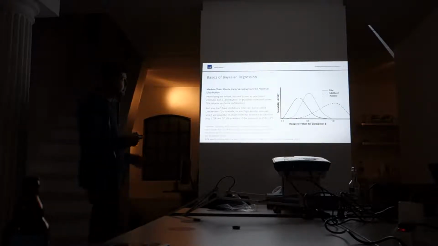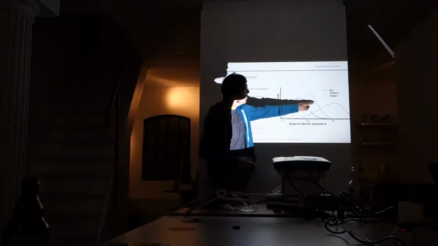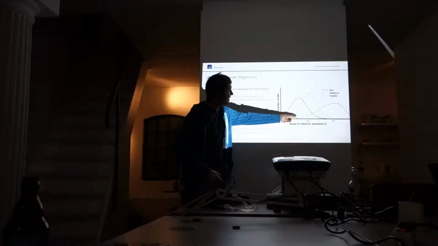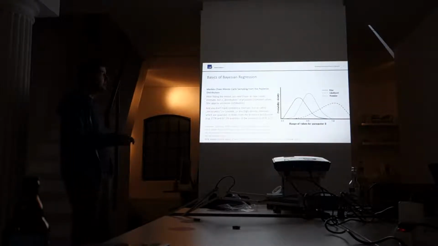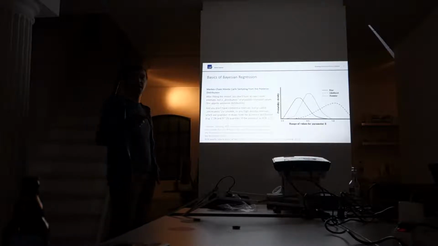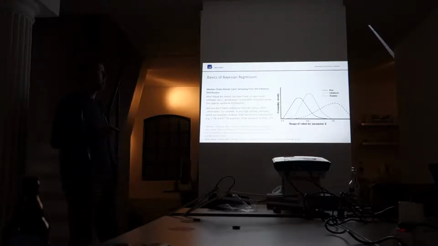So you have estimates which are more plausible, and you have estimates which are less plausible, but actually you have a space or a distribution of estimates of associations between your independent variables, which are all possible.